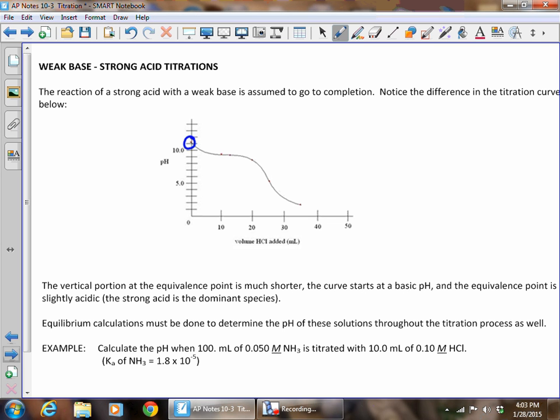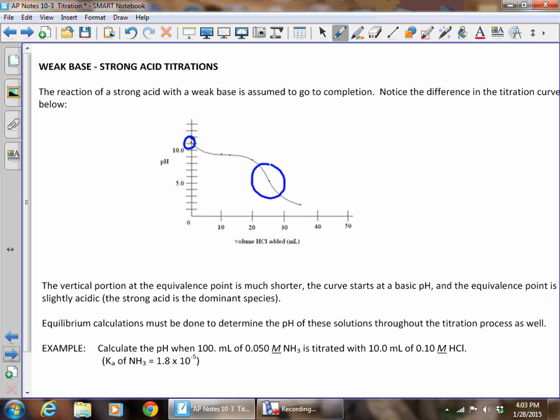And then as this titration occurs, we're going to get an endpoint, and notice that we've got an endpoint in this area. The same situation that happened with our weak acid strong base, we've got a shorter endpoint range.